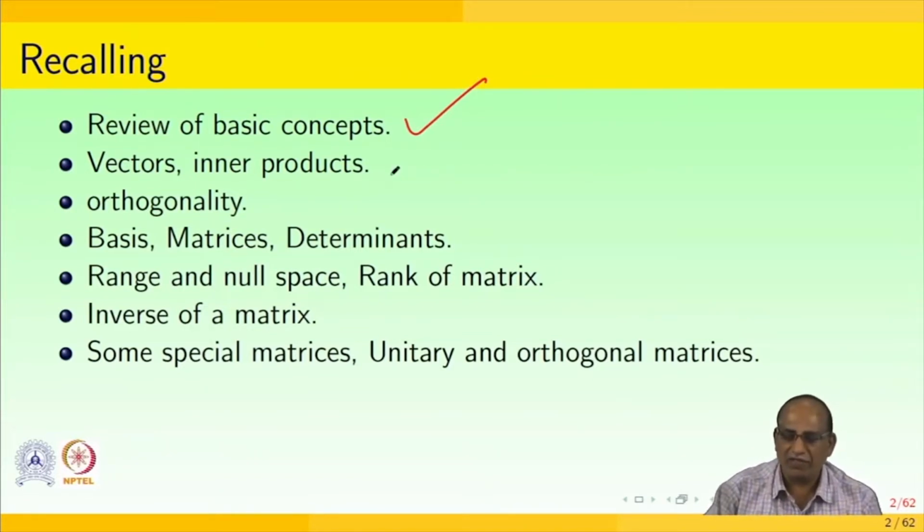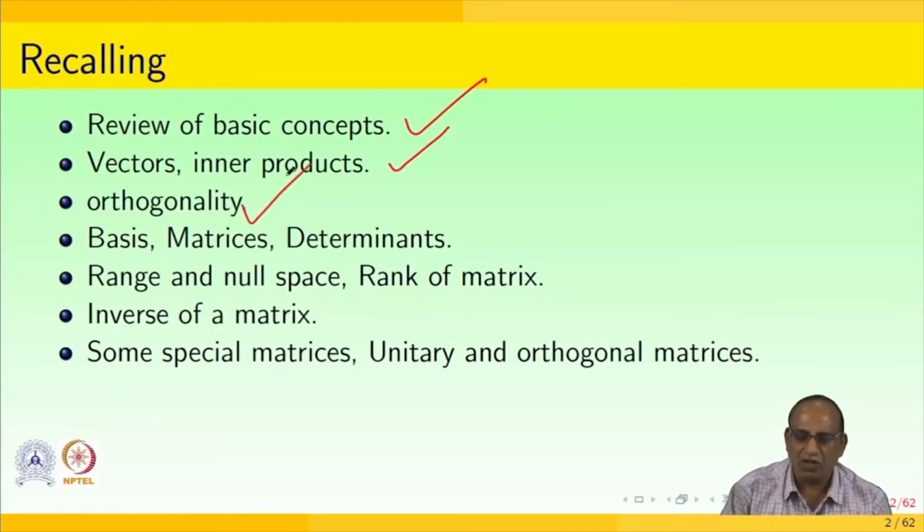Then we will be doing vectors and inner products. What are the definitions of vectors? How is the inner product created? And there is orthogonality. Then we will go for basis, matrices, determinants.